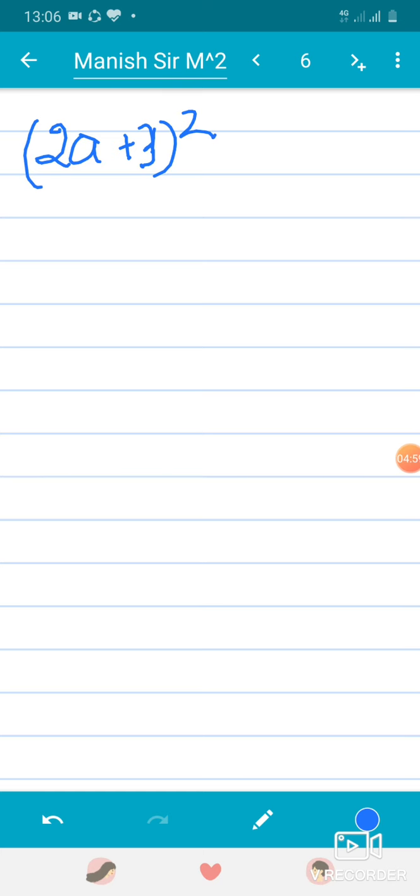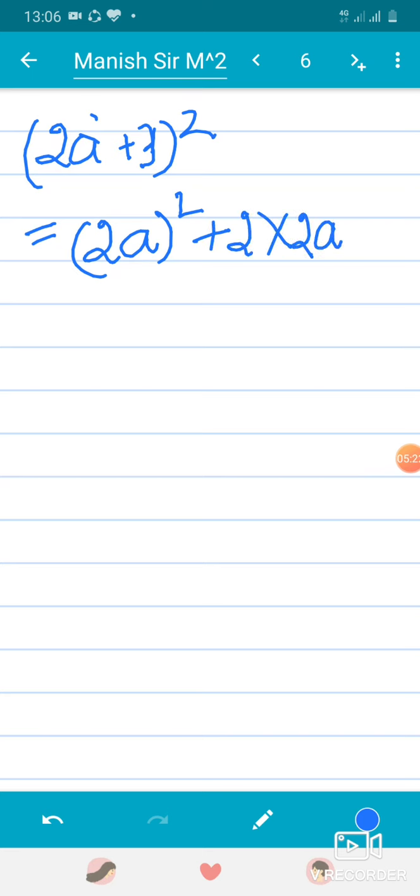As we know your first algebraic identity, there the first expression is generally known as a, and b is equal to 3. First square, a square, plus 2ab, plus the second term square.